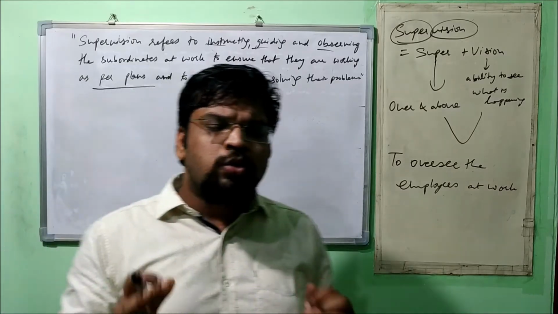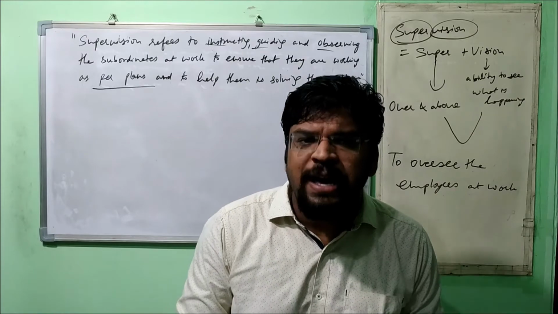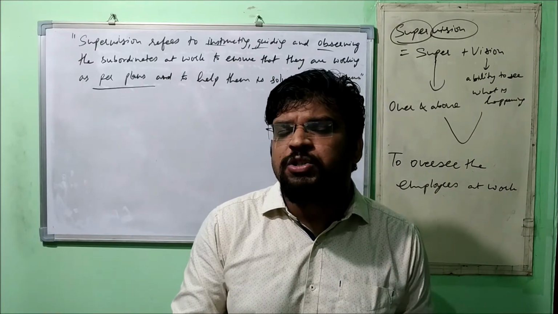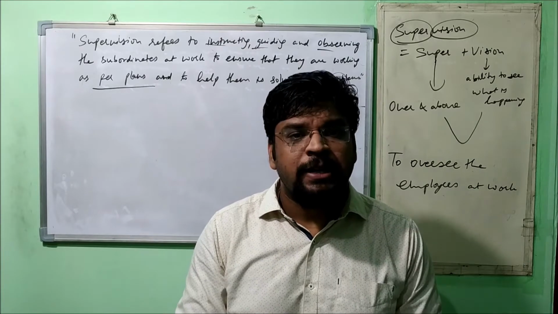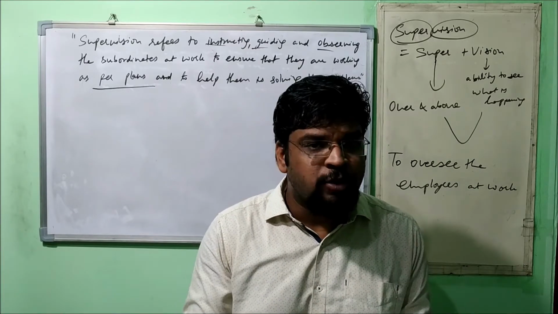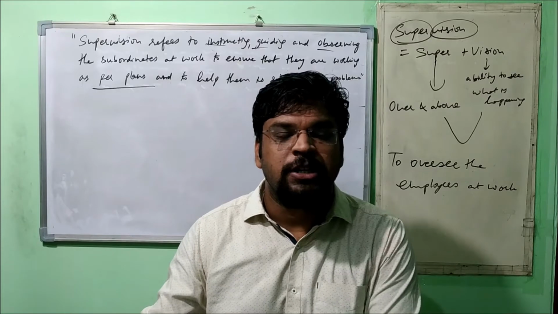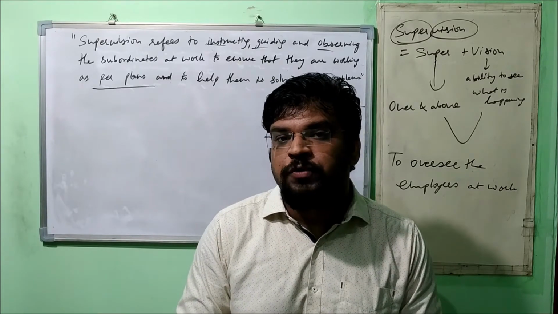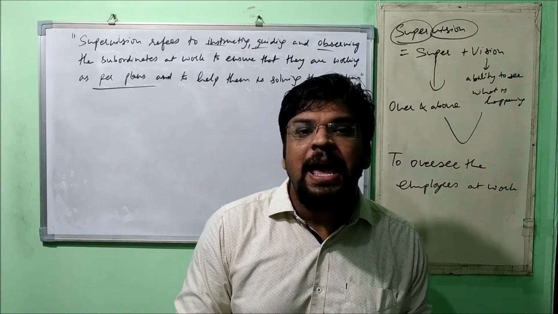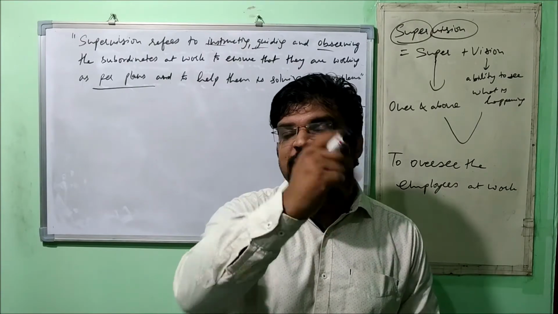Now, if we want to know more about supervision, then supervision can be understood in two ways. One, as an element of directing. As I told you that there are four elements of directing: supervision, motivation, leadership and communication. One aspect to see and understand the supervision is what? As an element of directing. And another aspect is what?